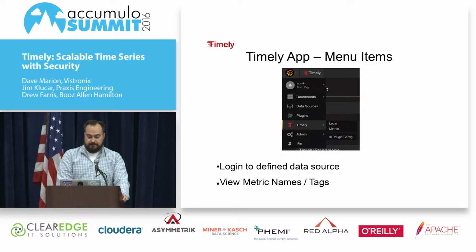Basically all these three queries are the same query from Grafana into Accumulo, and Accumulo is doing the same scans, just aggregating the data differently before it sends it back to us. So you can come in and change what kind of aggregator you want, and it'll go off and do whatever.